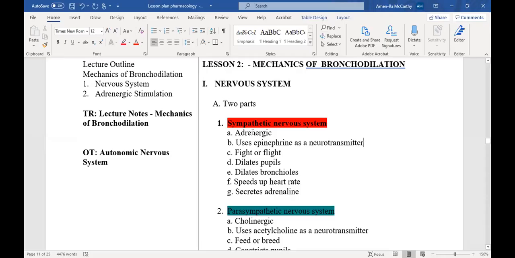When I say adrenergic, I mean like an adrenergic bronchodilator. Albuterol is an adrenergic bronchodilator. It's also a sympathomimetic drug. You understand that? It's called a sympathomimetic drug because it mimics the effects of the what?